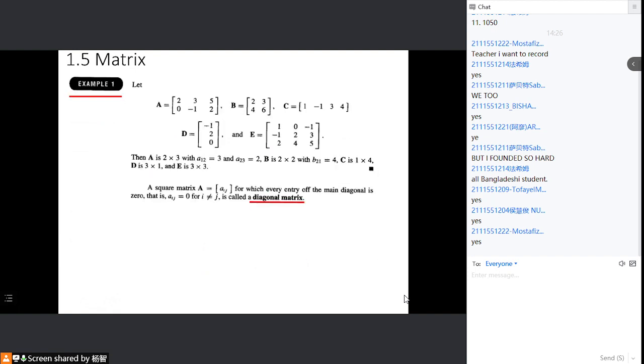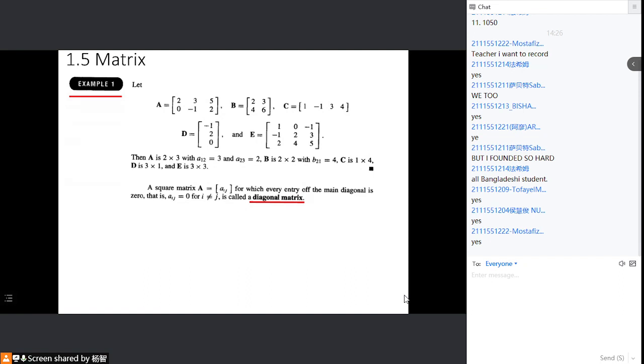Okay, look at example 1. We have 5 matrices. Who can tell me which one is the square matrix and which one has a main diagonal?